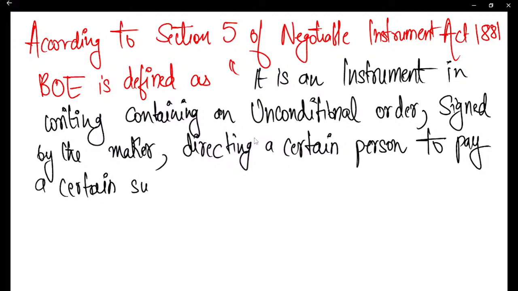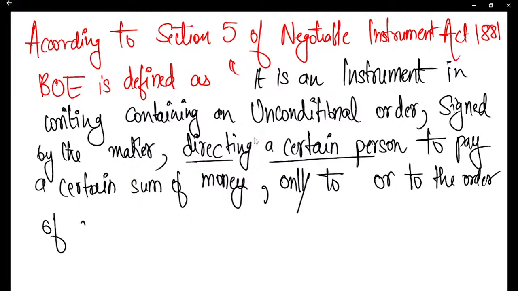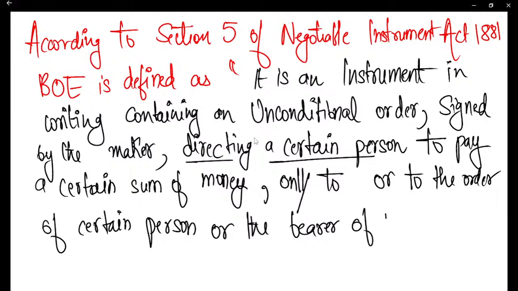Well done, those who are answering. Great, guys. Random girl, Kamya, you both are doing super. So we are directing a certain person to pay a certain sum of money only to or to the order of certain person or the bearer of instrument.